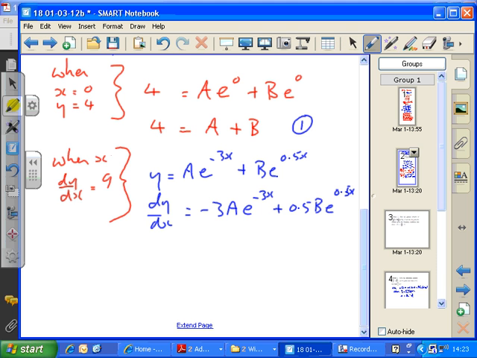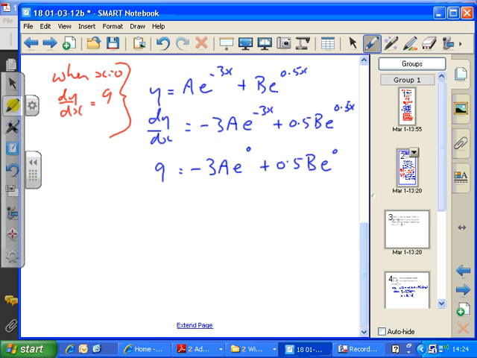When x = 0, dy/dx = 9, so 9 = −3Ae^0 + 0.5Be^0. Again, e^0 is just 1, so we've got −3A + 0.5B, and that forms the second of our two simultaneous equations.